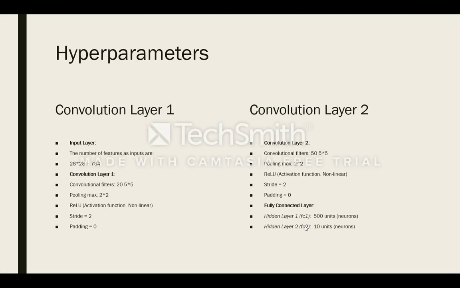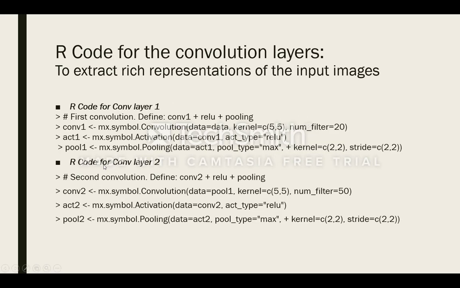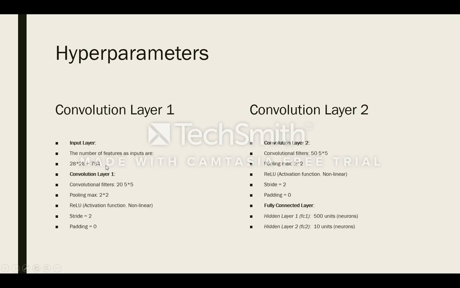Now let's talk more about the details of this architecture, and the hyperparameters. For convolution layer 1, first of all the input is 28 by 28 pixels, so in total it will be 784 inputs.